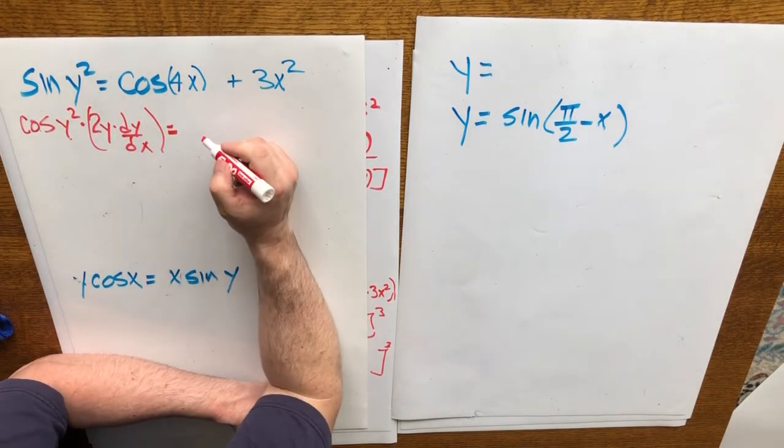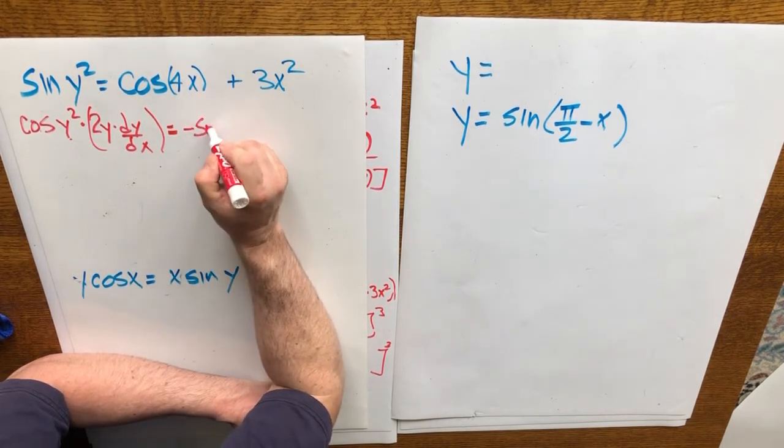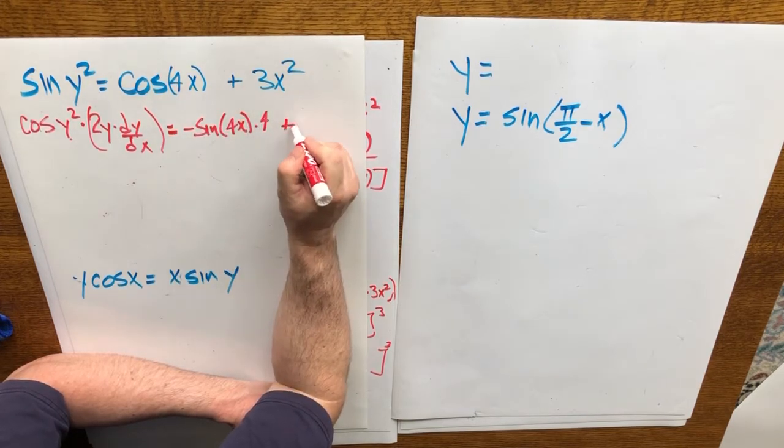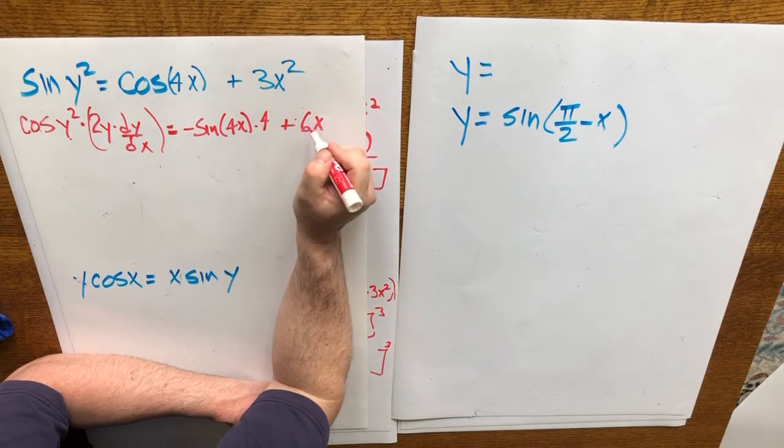Equals, well, what's the derivative of cos of 4x? Negative sine 4x times 4 plus 6x.